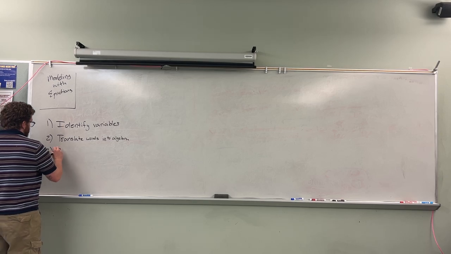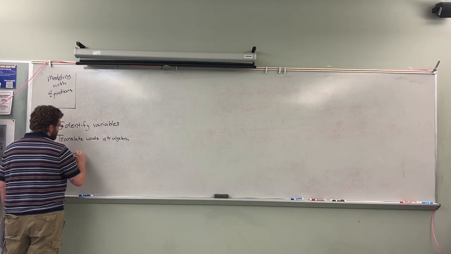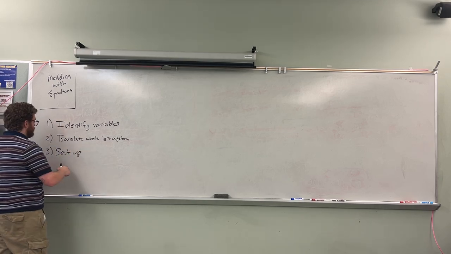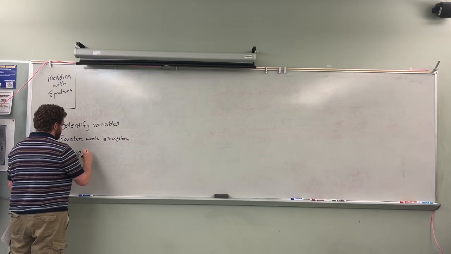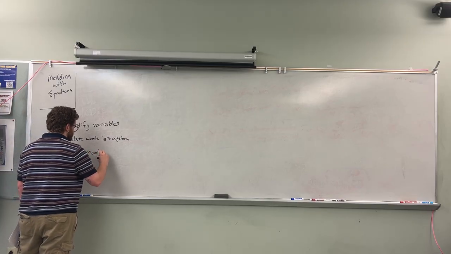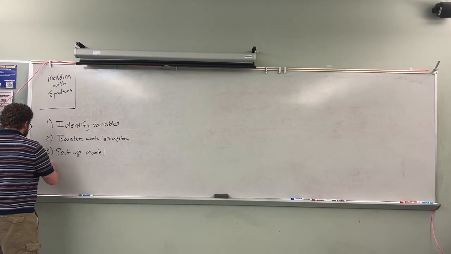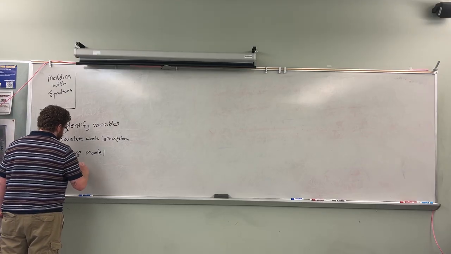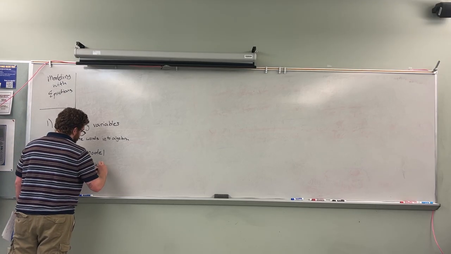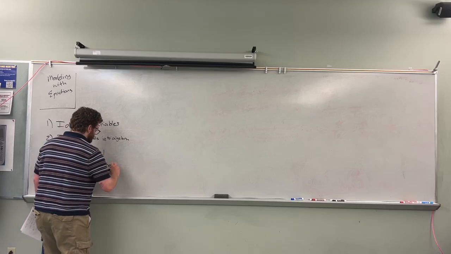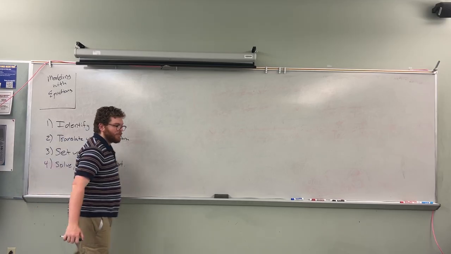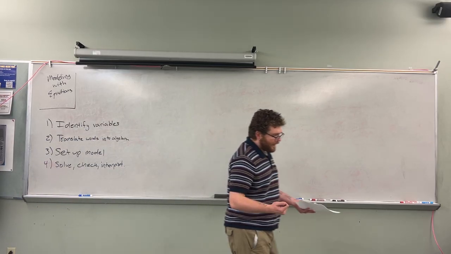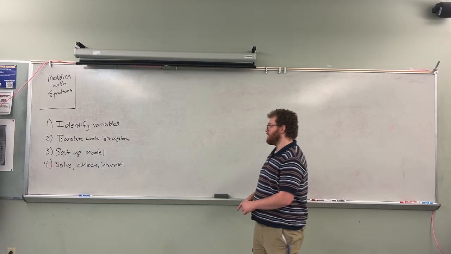We're then going to set up our model, which goes right into part 2 here. So, set up our model. And step 4 is solve, check, and interpret. That's probably one of the most important steps here.